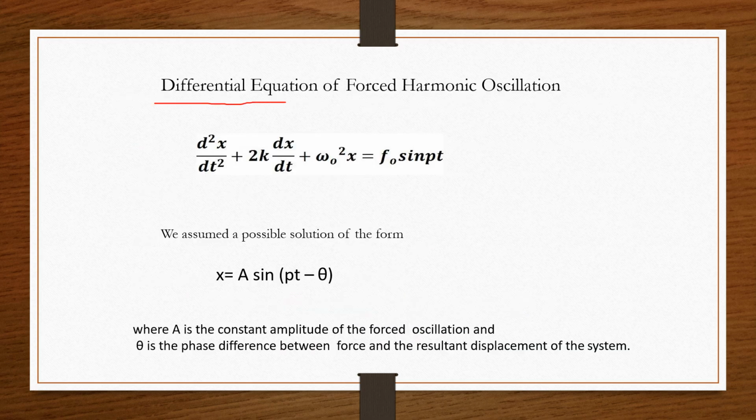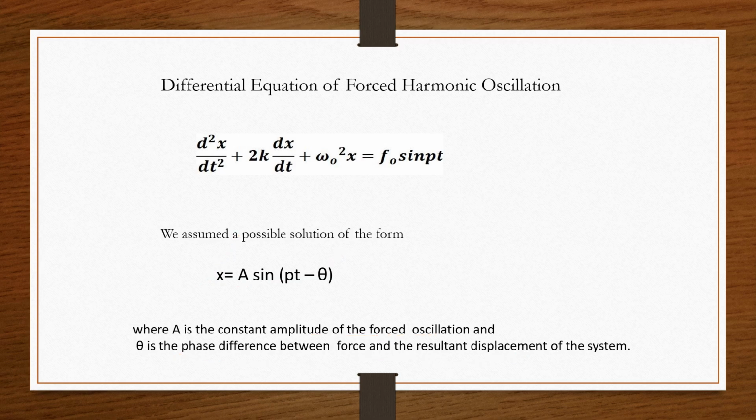We got the differential equation of forced harmonic oscillations as d squared x by dt square plus 2k into dx by dt plus omega 0 square x is equal to f0 sine pt. Hope you remember, we assumed a solution of the form x is equal to a sine pt minus theta, where a is the constant amplitude of the forced oscillation and theta is the phase difference between force and the resultant displacement of the system.